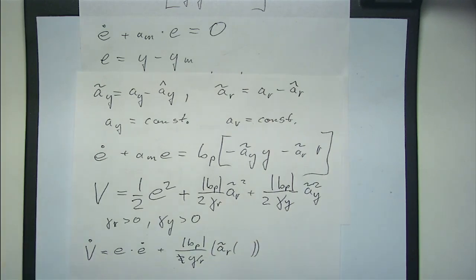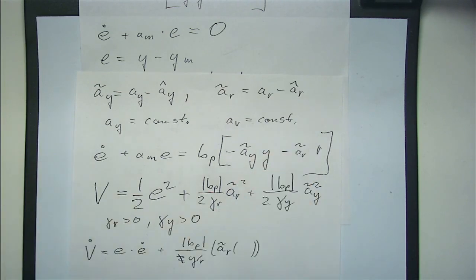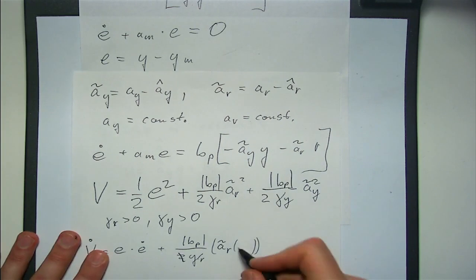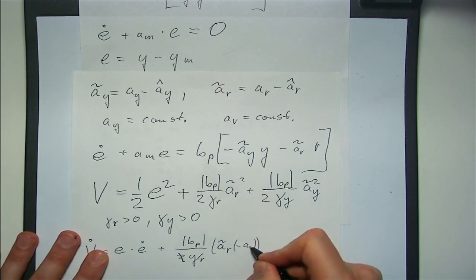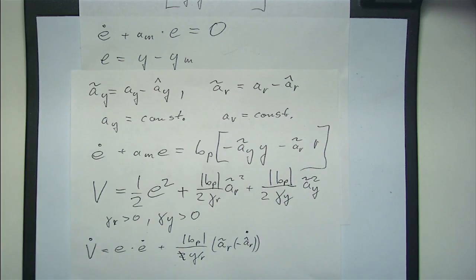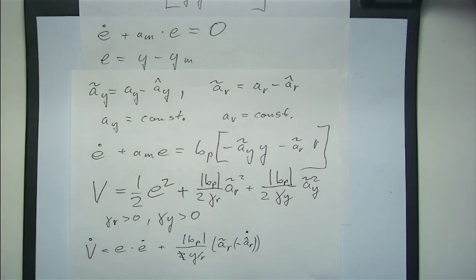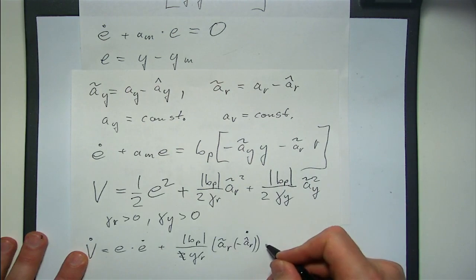So, minus, yes, exactly, minus AR hat dot, isn't it? That's what it is. So that's why I put all these fancy brackets there, and some were not really necessary, simply because AR is constant and AY is constant. We just don't know them. And once they change, that becomes obviously a bit more interesting.